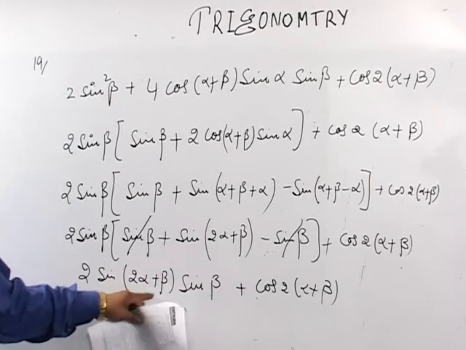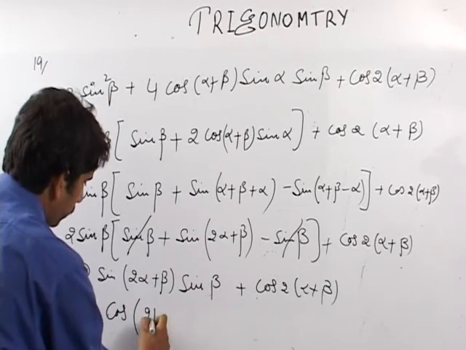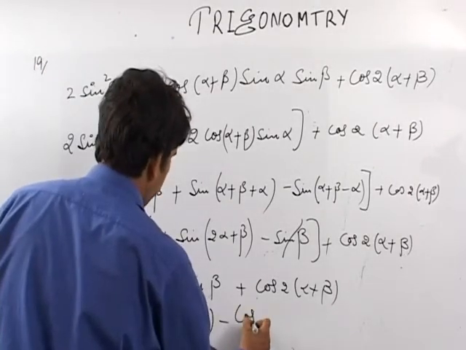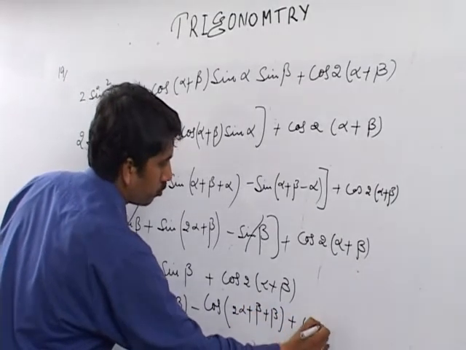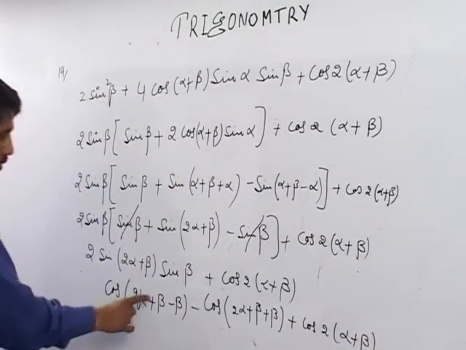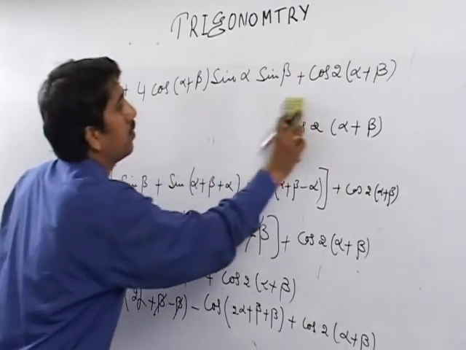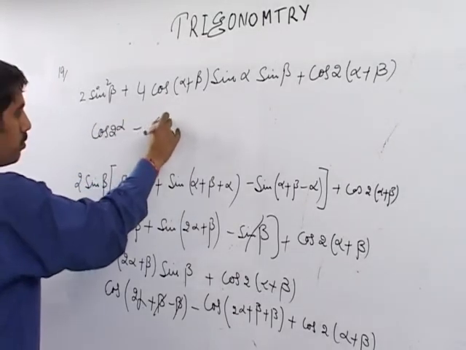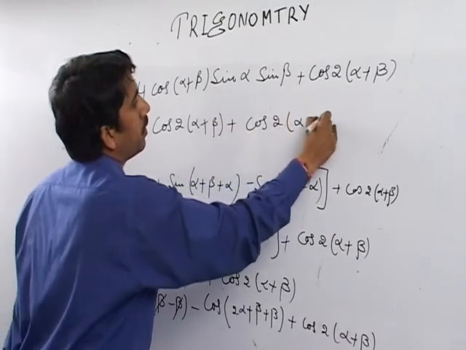Now this is 2 sin A sin B, which is equal to cos(A minus B) minus cos(A plus B), so cos of 2 alpha minus cos of (2 alpha plus 2 beta) plus cos of twice of (alpha plus beta).